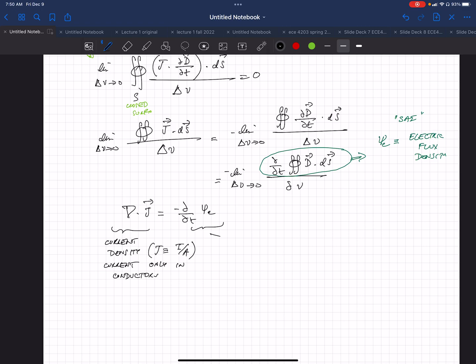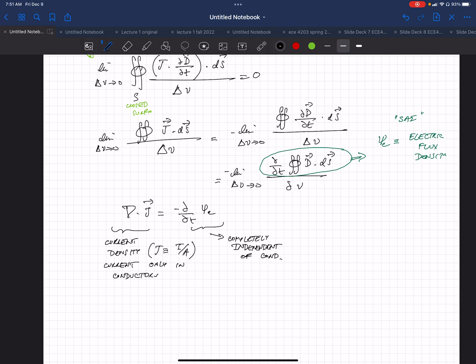This, on the other hand, is also a current, but it's completely independent of conductivity.